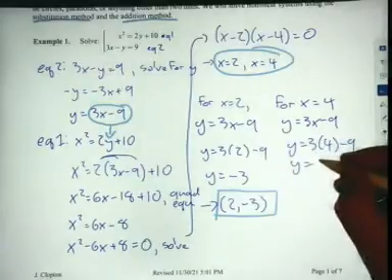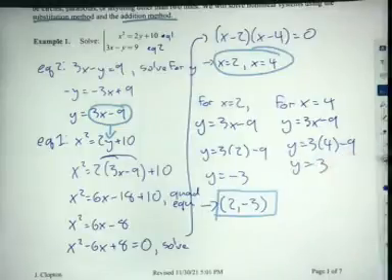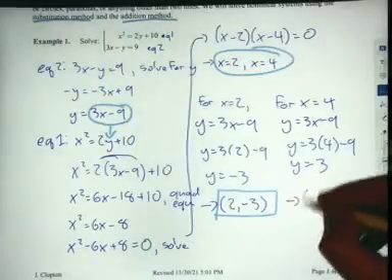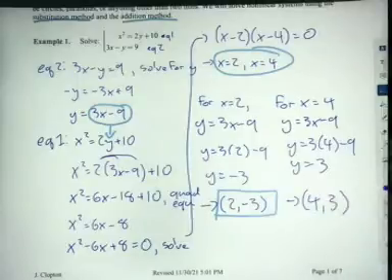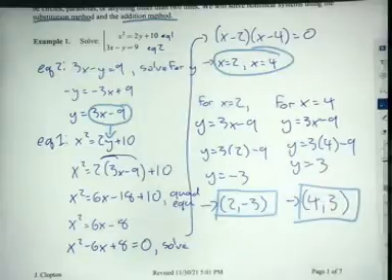Y is equal to positive 3. So what is our solution? Our solution is 4, 3. So we have two solutions to the system.